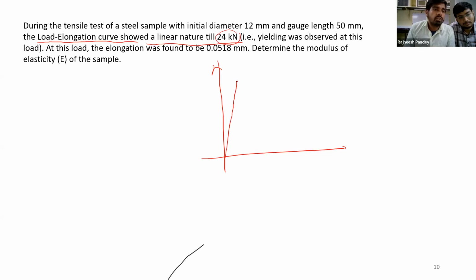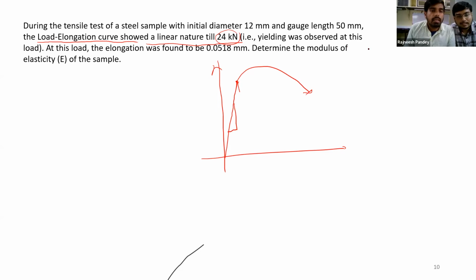Up to what point is it linear? That is the proportionality limit, which exists within the elastic regime. So if you see, the curve will look like this. Up to this point the linear part exists, and the slope of this linear part is nothing but the elastic modulus.